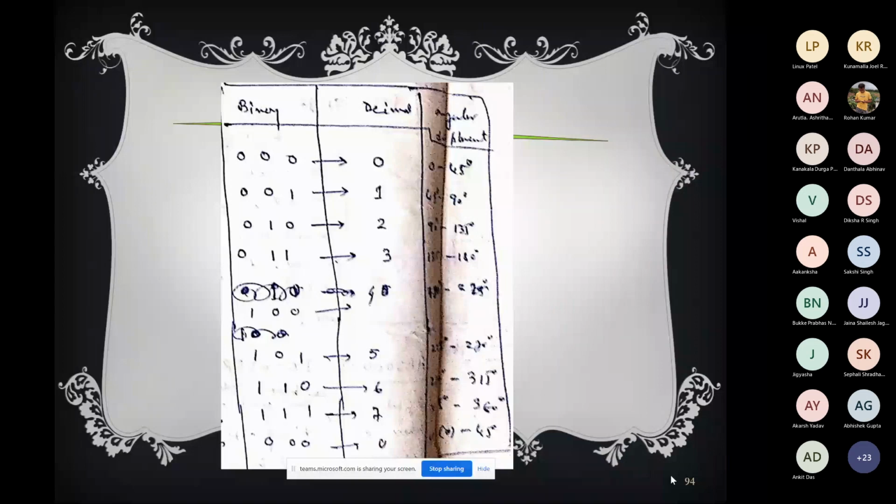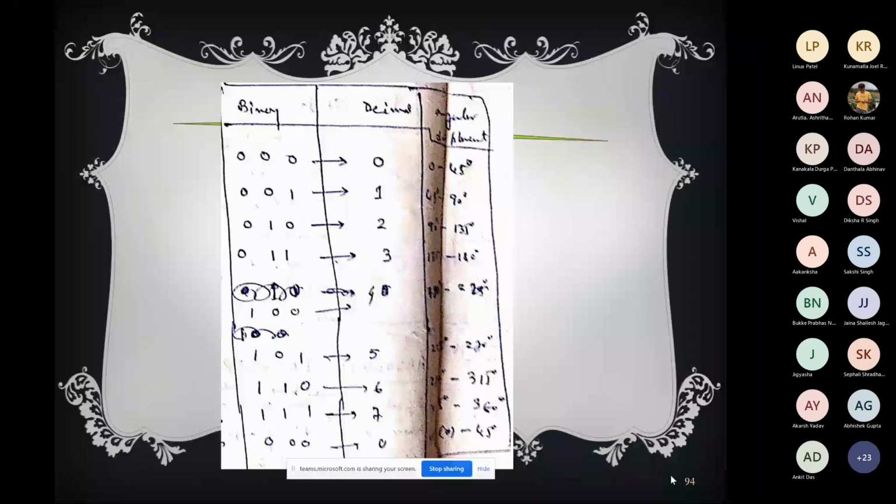If we are getting 0 0 1, it is 1 and 45 to 90 degrees, like that. So it is very simple. Here you see the output is converted to a binary pattern, and from the binary pattern we realize the angular displacement.